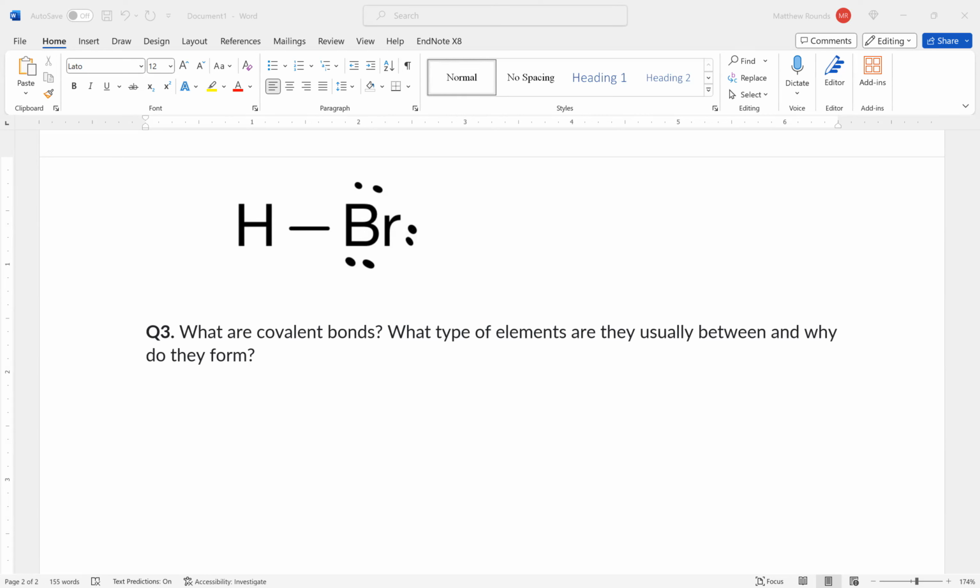Okay, so the definition's pretty clear. The two nonmetal atoms share electrons to become more stable. So you want to include the words two and nonmetal, and sharing electrons in your answer. Very important.